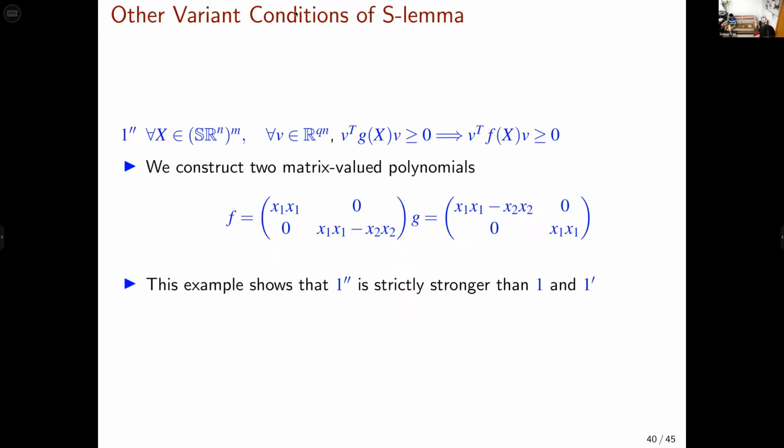In the non-commutative case, we also consider a condition like this. But condition 1 prime is strictly stronger than condition 1 and condition 1 double prime. And this is a simple example for this.